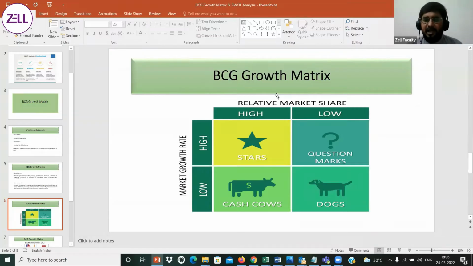One more example can be Vaseline from, I think, Hindustan Unilever. Now, all of us use, like, there are some petroleum jellies in the market apart from Vaseline. But from childhood, we only know one brand, Vaseline, right, guys? Yes, sir. But the market growth rate is low.